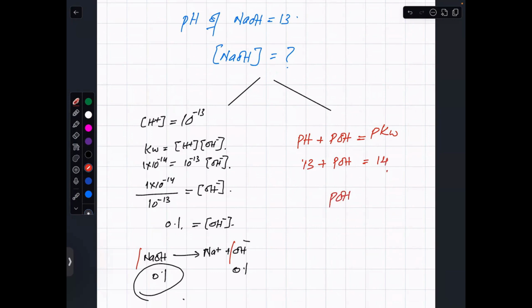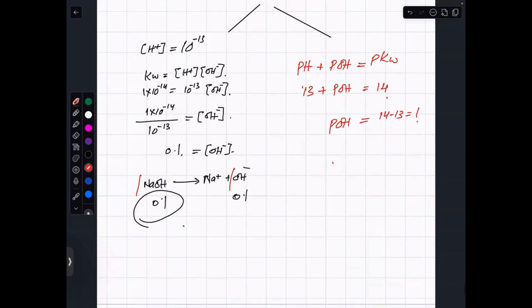You can use any one. They're both the same thing. 14 minus 13 is definitely 1. And when you know the pOH, can you find OH? Yes. 10 power minus pOH. So 10 power minus 1. It's 0.1. It's exactly the same thing.